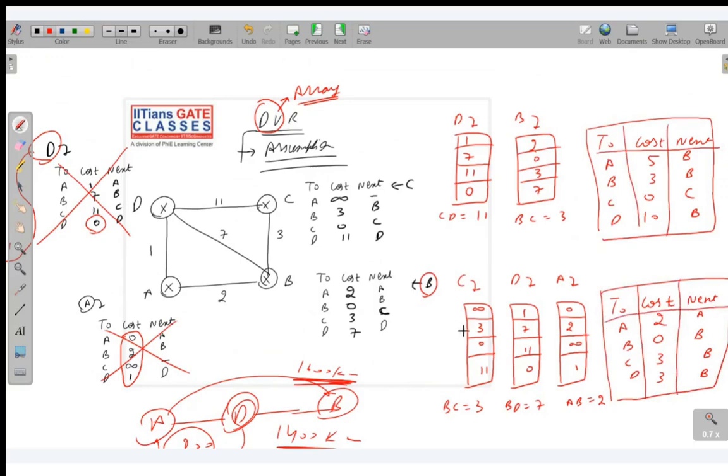And after that, B to D via A. We will write A there in the last column, because we have got it from A. Sorry for that. Okay, so that's it.